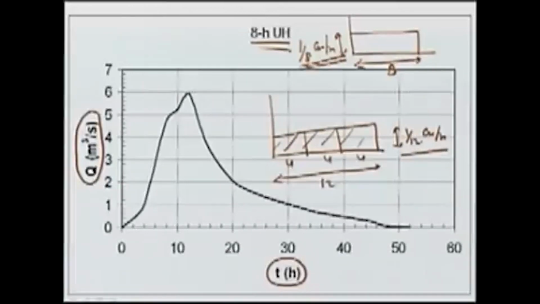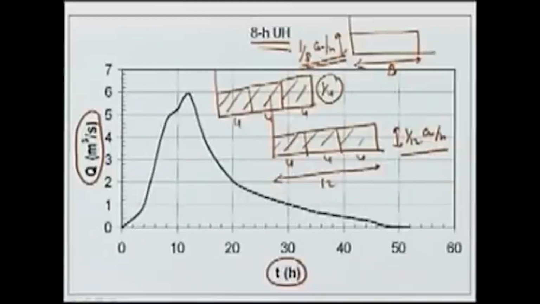If we add 3 4-hour UH ordinates, by shifting them by 4 hours, we get effective rainfall 12-hour duration, but intensity of 1 by 4. So, after summing them up, we have to divide it by 3 to get corresponding to 1 by 12.